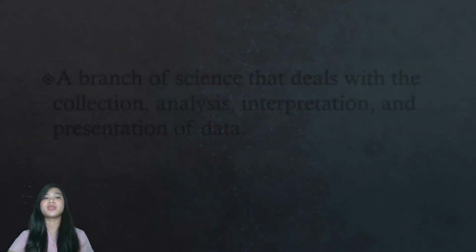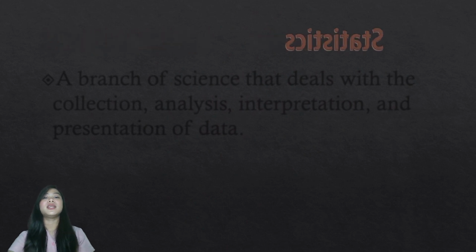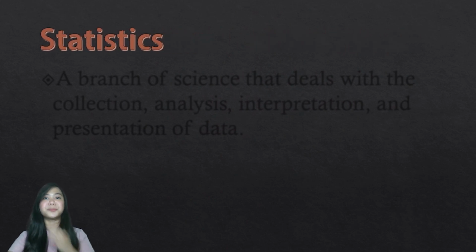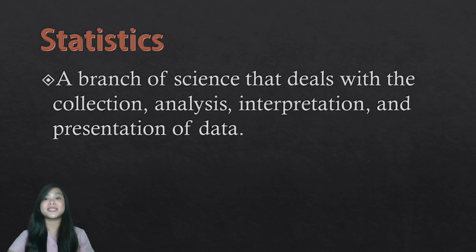So now, to start off, let us define the term statistics, since this is our subject. The topic revolves around statistics. This is a branch of science that deals with the collection, analysis, interpretation, and presentation of the data. It simply means that statistics is a science that studies data.